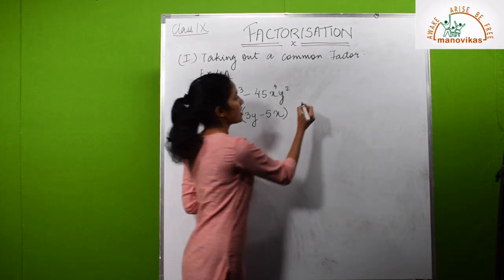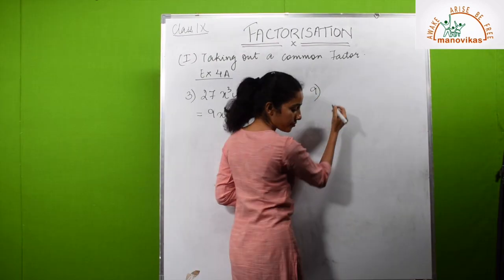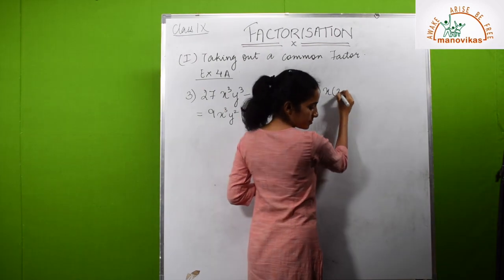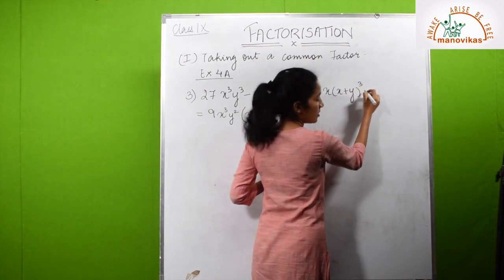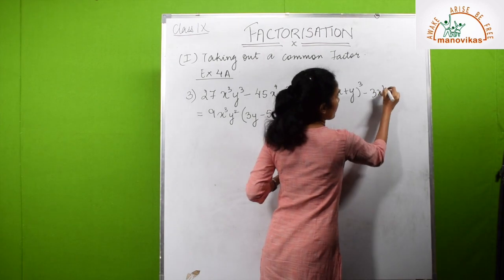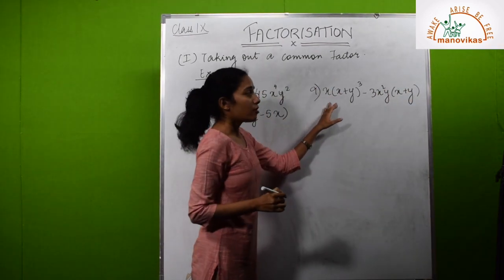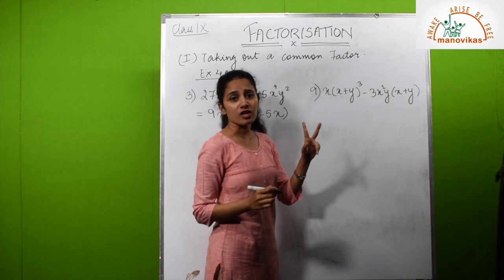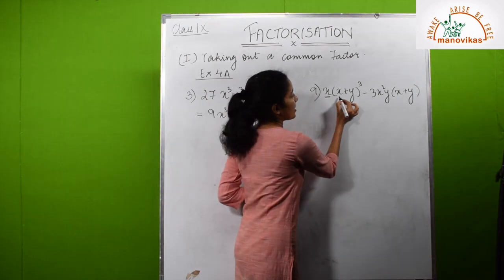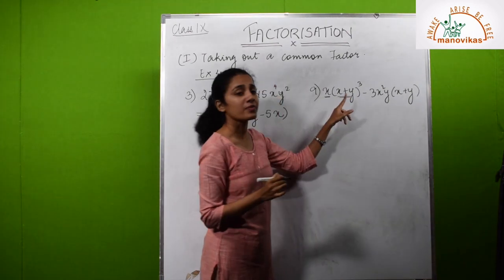Let us consider another problem, problem number 9. You have x plus y the whole cube minus 3x square y x plus y. In this expression, you see that there are 2 terms which are common. One is x and the other one is the entire bracket x plus y.